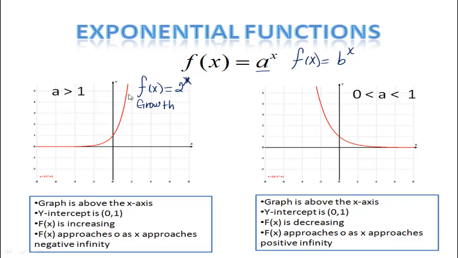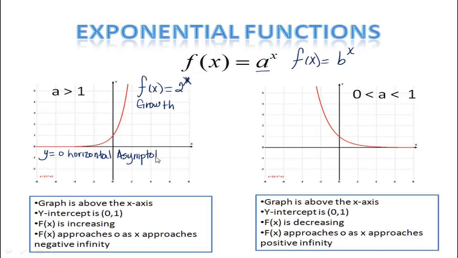And notice that as my x value is very large negatively, or as x is farther and farther away from 0 on the negative x-axis, my y value approaches the x-axis. And the x-axis is also known as the y equals 0 line. And this y equals 0 line we also call the horizontal asymptote of the exponential function.